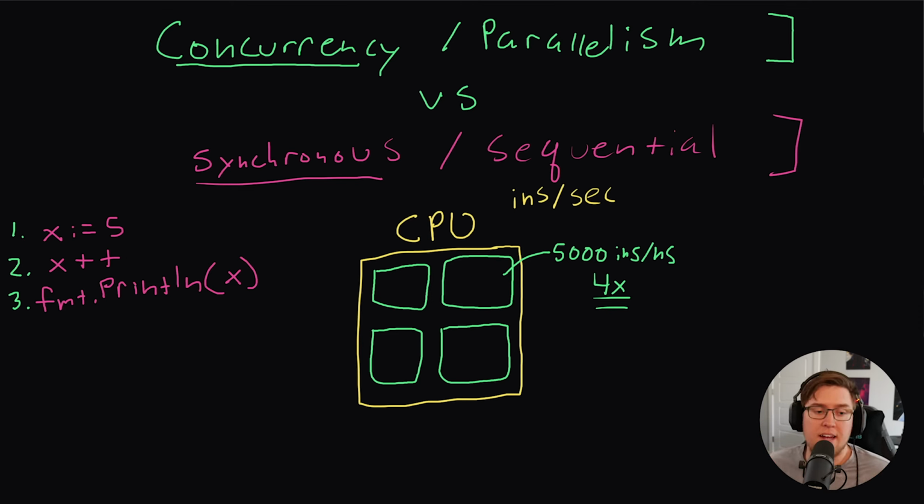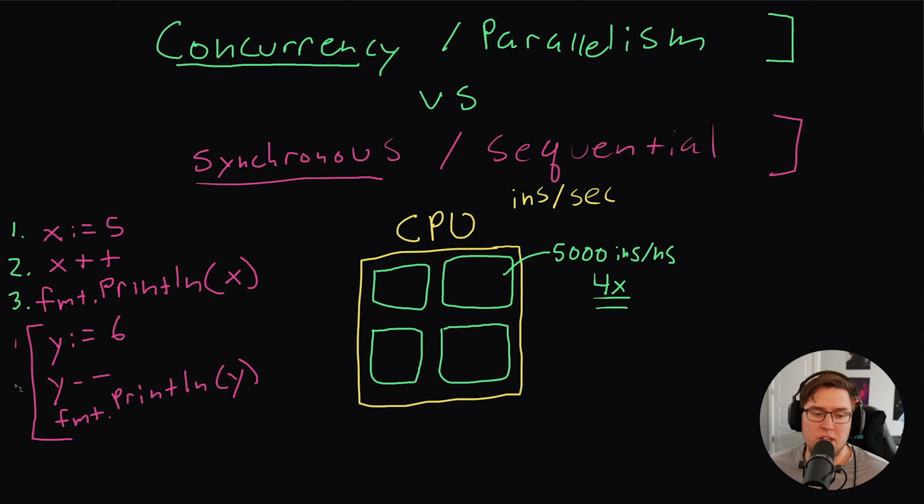So let's say we had a little bit more code in our program here. Maybe we have y colon equals 6, y minus minus, fmt dot print line y. This code in this block is dependent on each other, right?